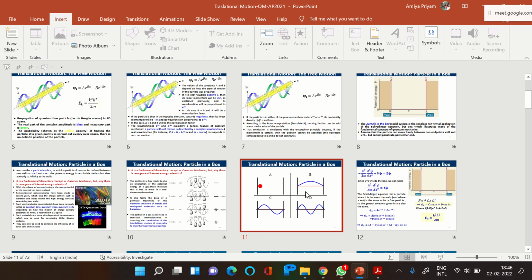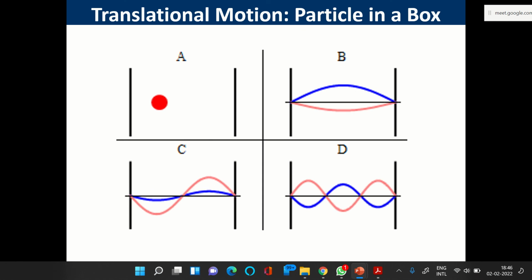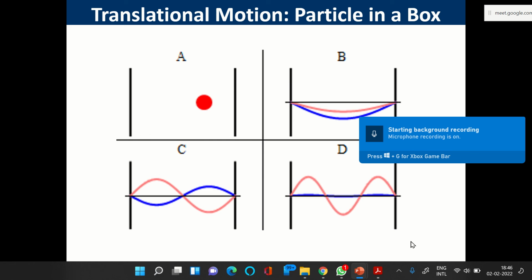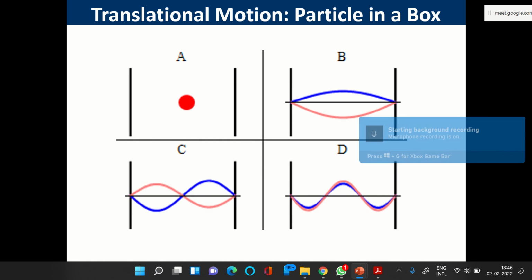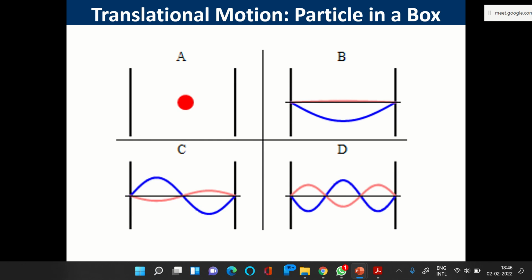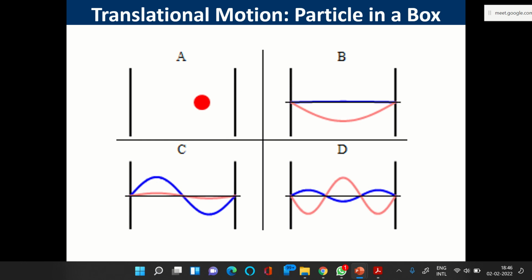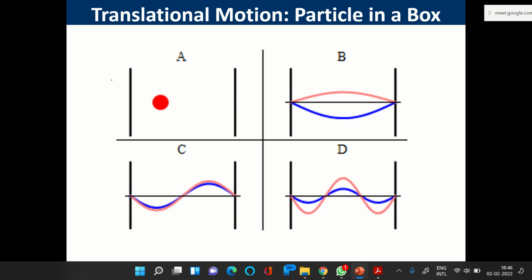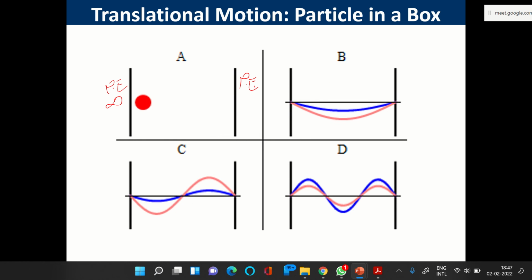Okay, so when you have this thing, you can think of a particle trapped in a box. So this is what we are talking about here. The potential energy is infinity over here.